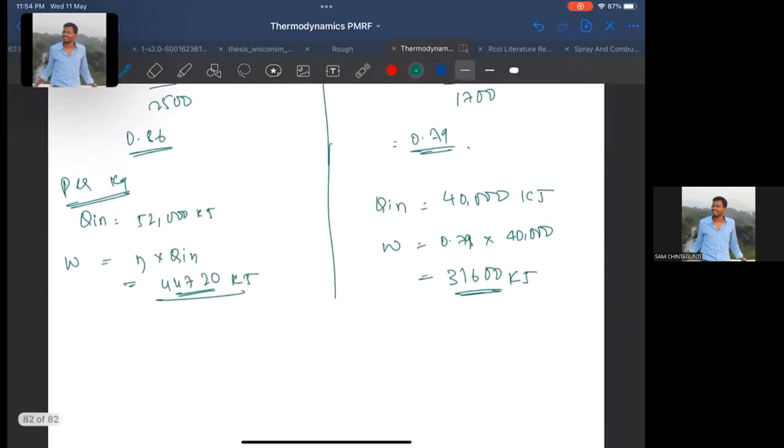So now let's see what is the work produced per 1 rupee. So that will give us a comparative analysis. So here 44,720 by 1.75, and here it is 31,600 by 1.5.